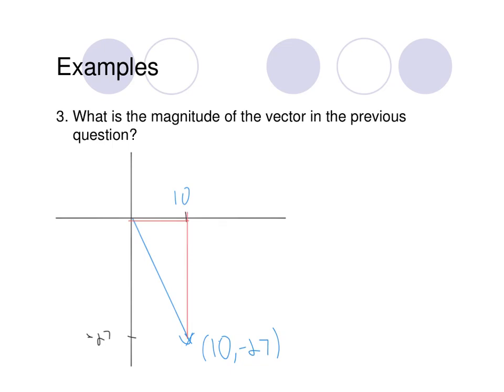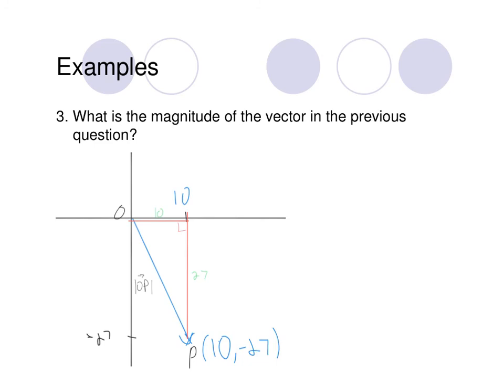And note that in terms of distances or magnitudes here, the magnitude of this line is 10 and the magnitude of this line is 27. For reference, we'll call this vector the position vector OP. The blue vector, the magnitude would be the length of that vector, so that's the magnitude of OP.